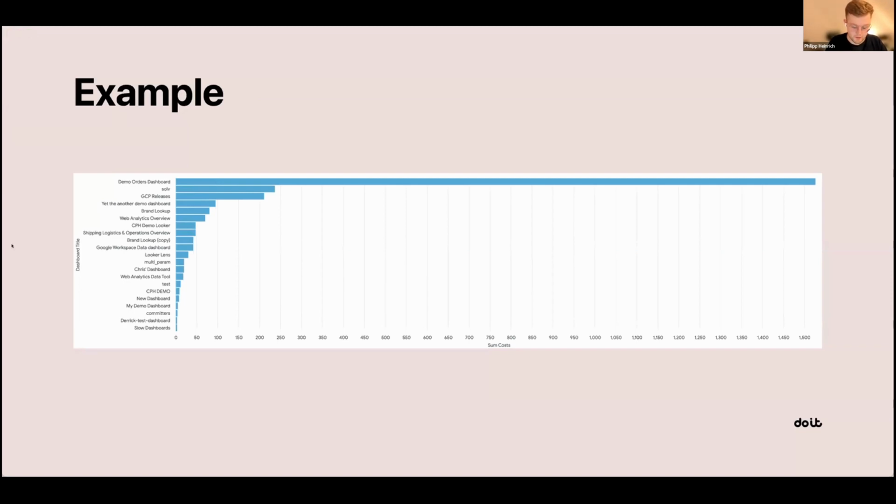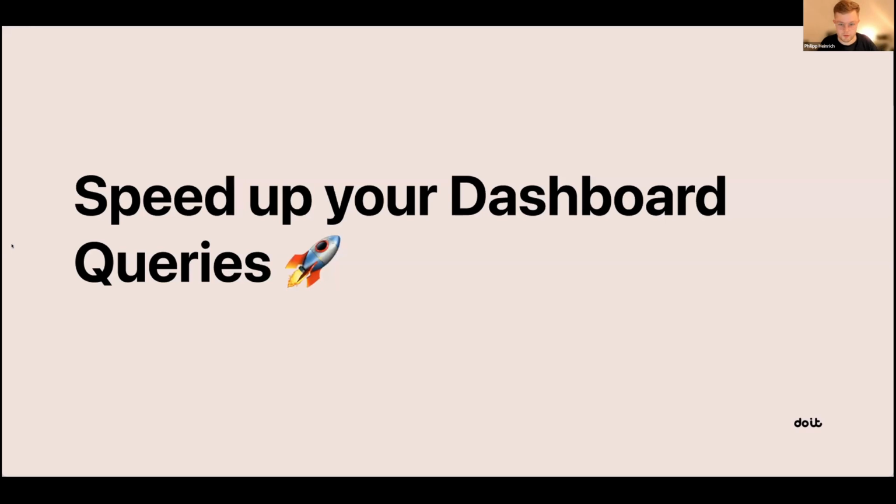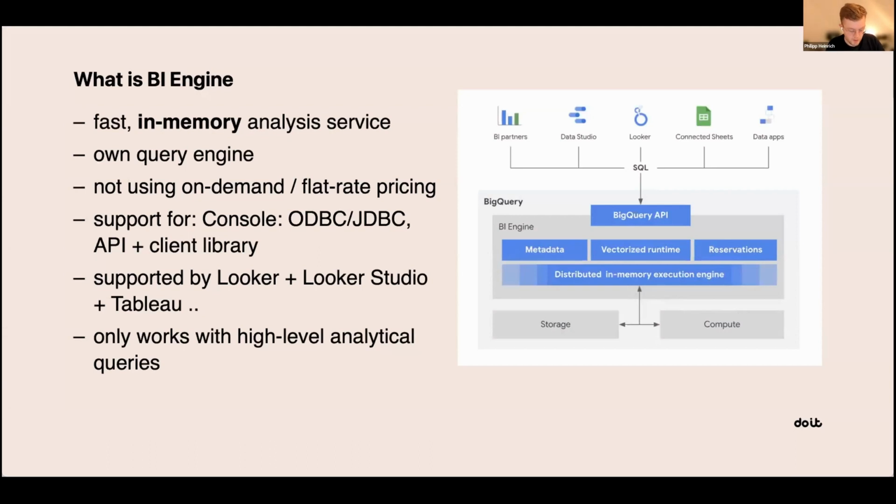Yeah, the next thing on my agenda was to actually speed up queries. So the first part was about showing how expensive queries are. The next part is about speeding them up. And the feature that I want to talk about is BI Engine. BI Engine is an in-memory, vectorized query engine. It's its own query engine, so it's not using the default query engine of BigQuery.